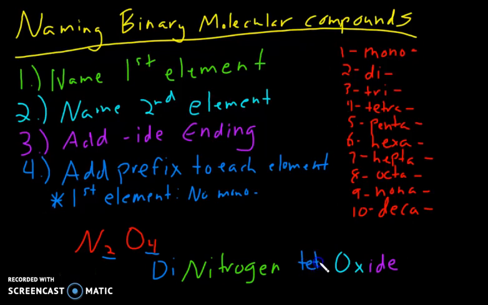So we will do dinitrogen tetroxide. With oxygen, since it starts with a vowel, sometimes we drop the A that's on the end there, so instead of tetraoxide, it's just tetroxide. So it'll be dinitrogen because there's 2 nitrogens, and it'll be tetroxide because there are 4 oxygens. That's all you have to do to name binary molecular compounds.